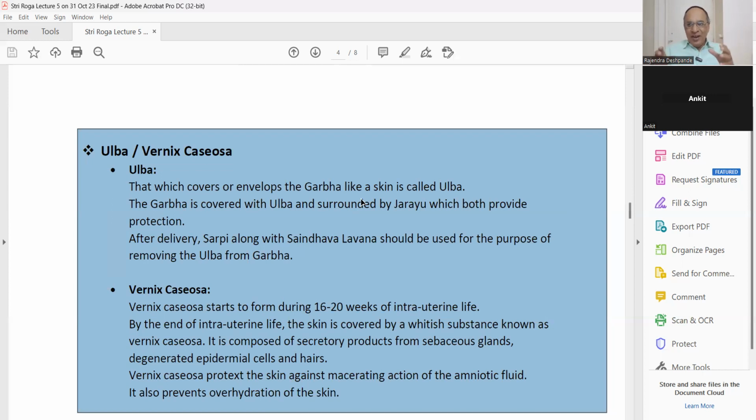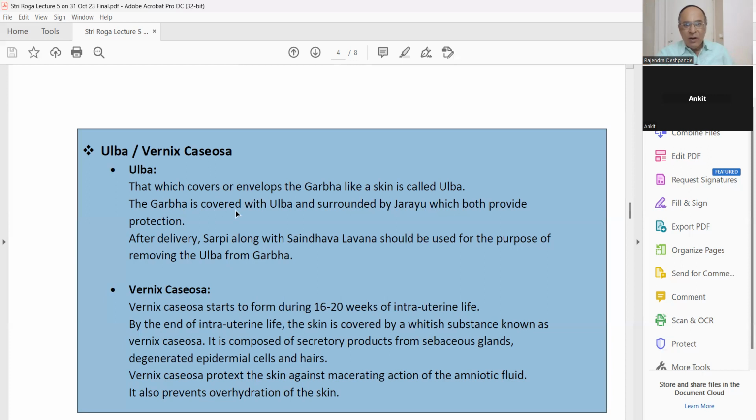Any certificate we get that is very precious, or even our license, for example, or PUC, when we drive the vehicle, we go to that particular shop and say, do the lamination. So he will say 15 rupees per page. Am I right? Similarly, Ulba is like a lamination, covering the baby's skin everywhere.